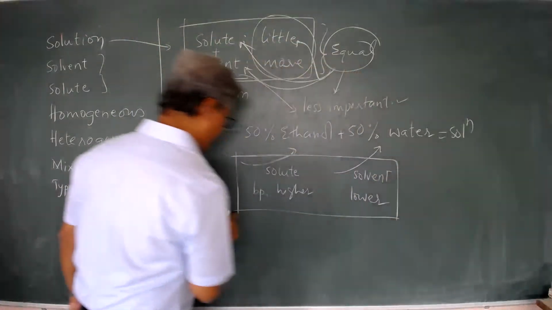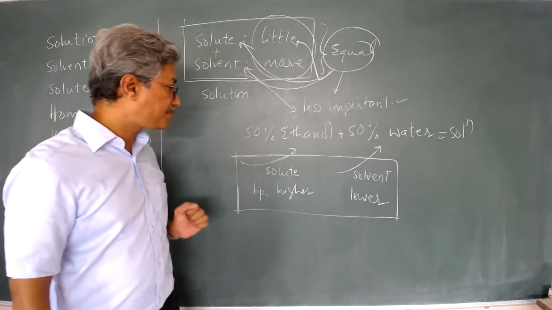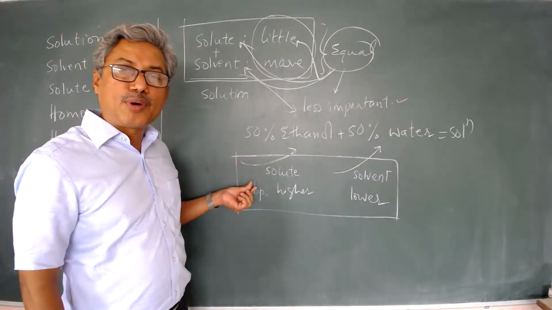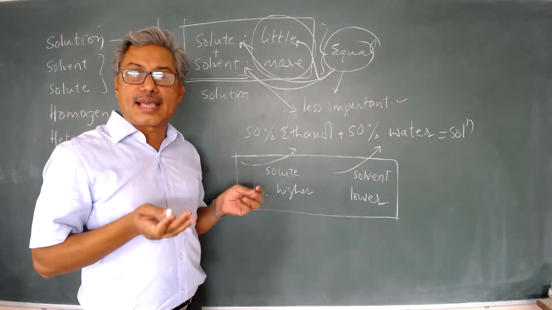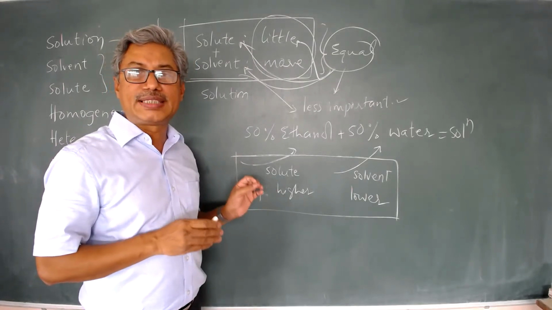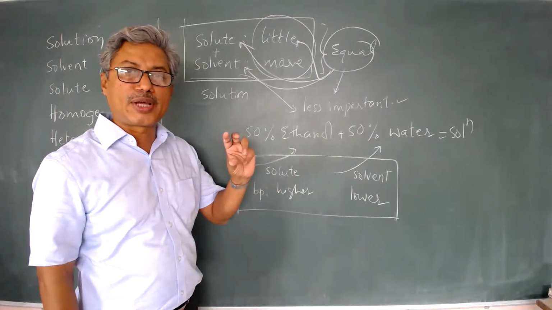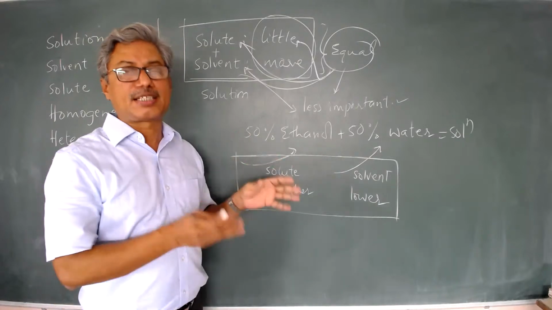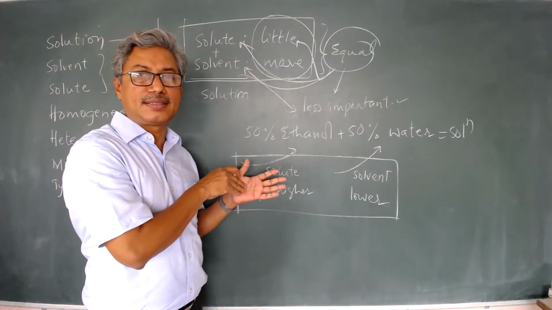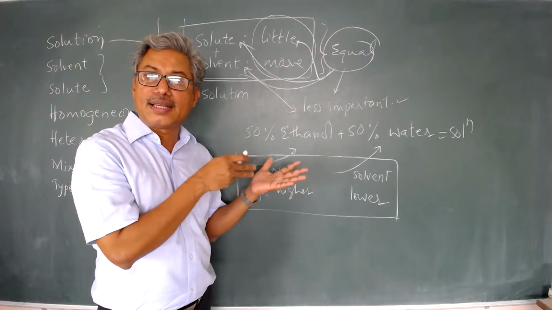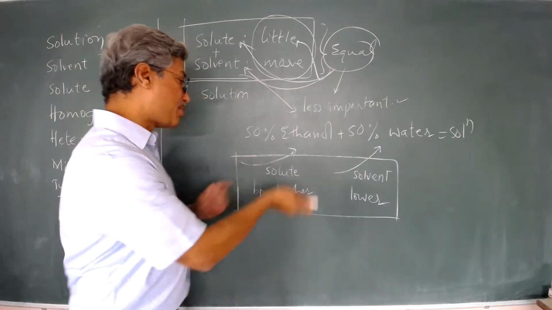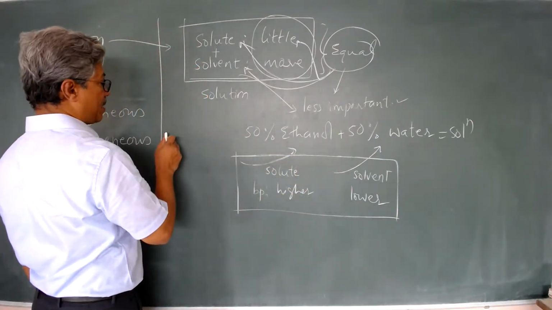Okay, let us agree for a moment. It means that the concept of boiling point difference can help us find which is solute and which is solvent. See, students, it has come based on this experiment.